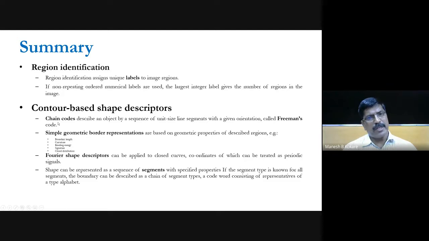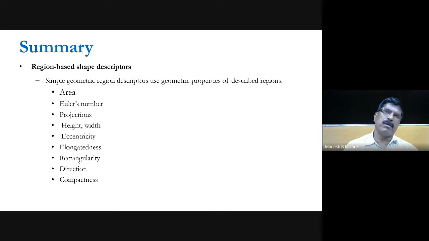In that we studied first the chain code method, and then the simple geometric border representation methods, which are based on geometric properties like boundary length, curvature, bending energy, signature, and chord distribution. Also from the boundary we can obtain the Fourier shape descriptors. Okay, so these methods we have studied based on the boundary.